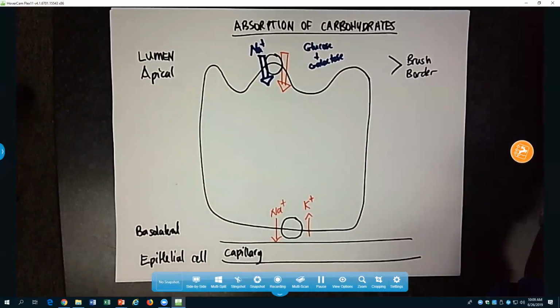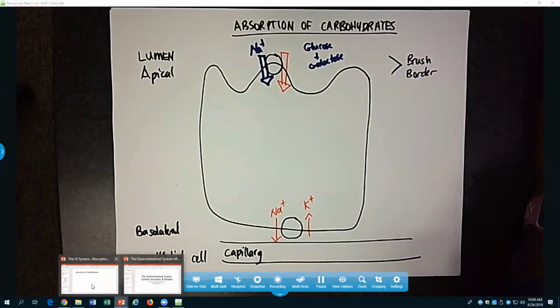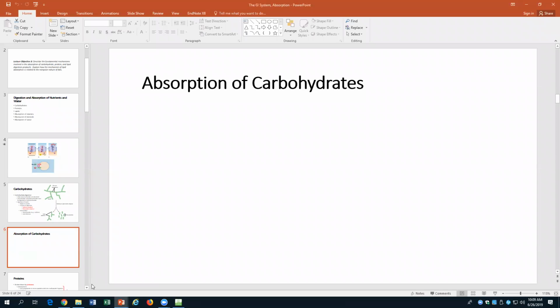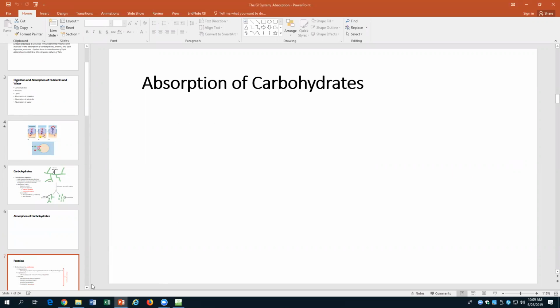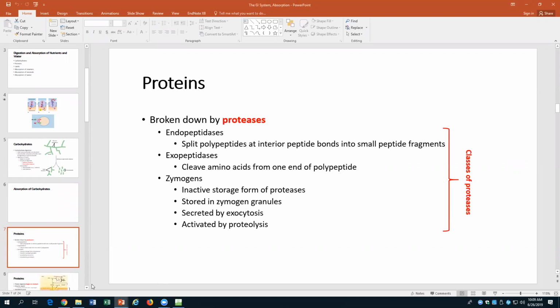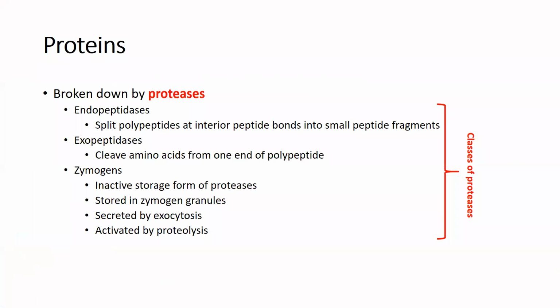All right, let's continue on talking about how carbs behave, or proteins rather. Let's move on to proteins. So proteins are a bit different. They're broken down by proteases, the enzymes that act on proteins.